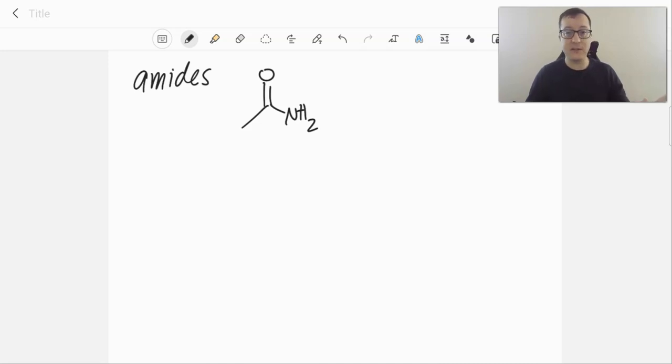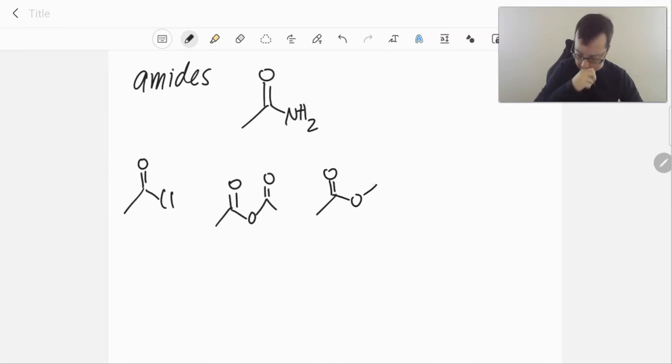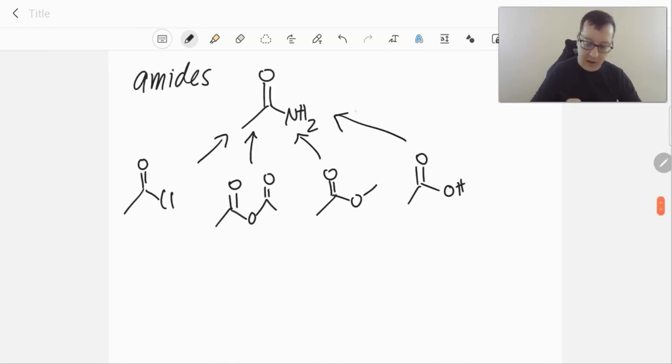And because they're the most stable, we can use any of our other derivatives to make them. So we can go from acid chlorides, we can go from anhydrides, we can go from esters, and we can go from acids. All of these can be converted into amides because the amides are the lowest energy of all of the derivatives.